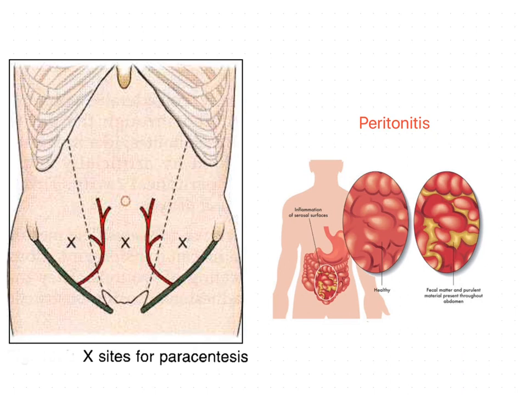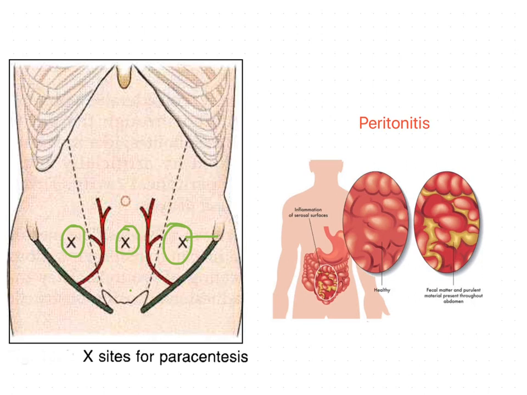Fluid from the peritoneal cavity may be removed by puncturing the abdominal wall, either in the median plane midway between the umbilicus and pubic symphysis, or at a point just above the anterior superior iliac spine.